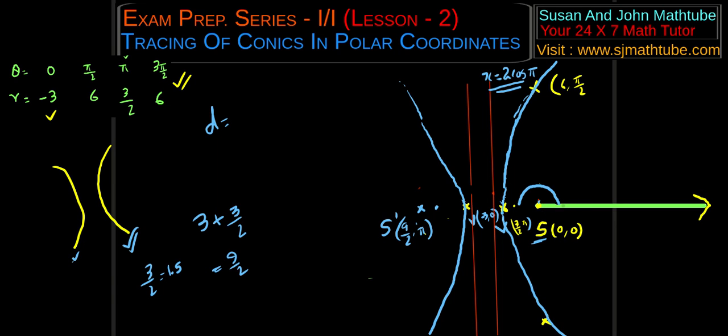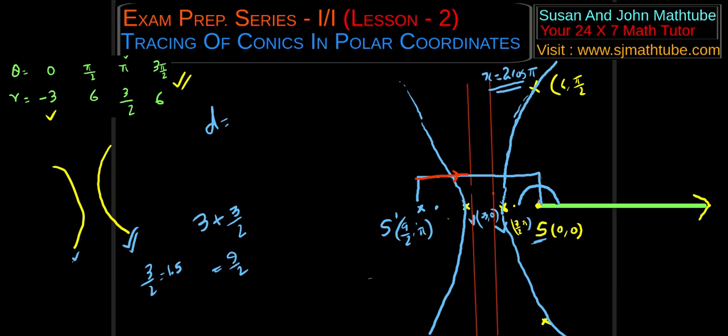Look at this. From the pole to this focus, that is 9 by 2. And then what I did is I returned 2 units backwards. I'll repeat.